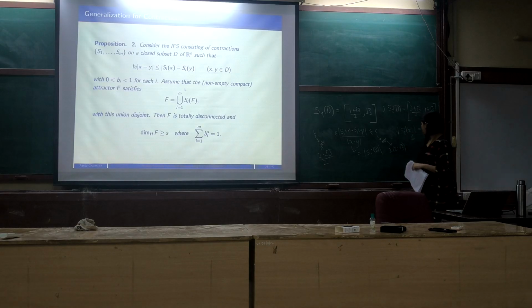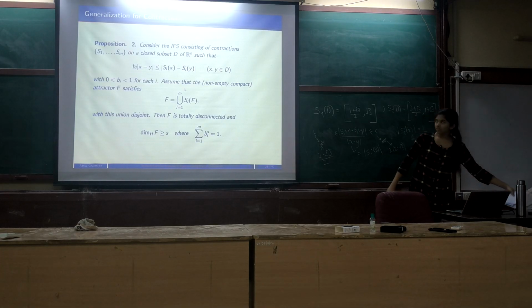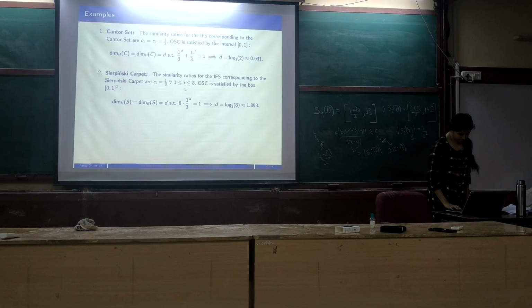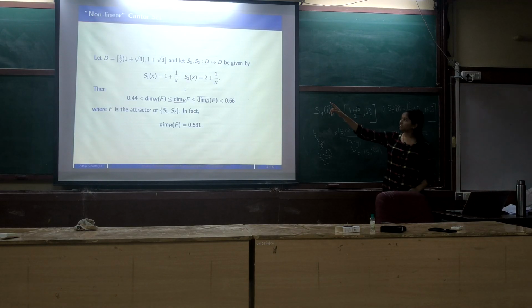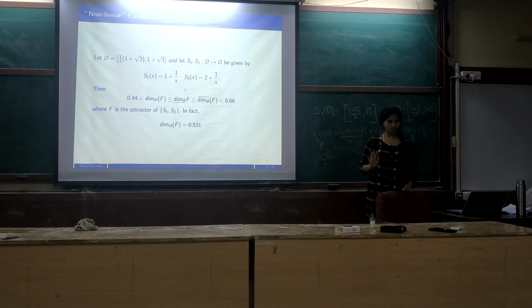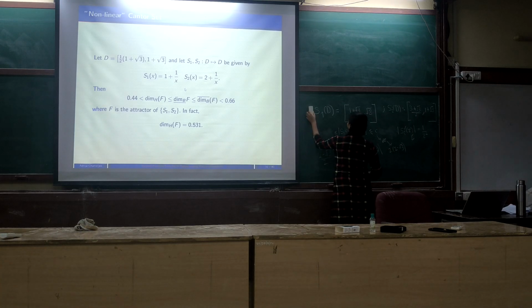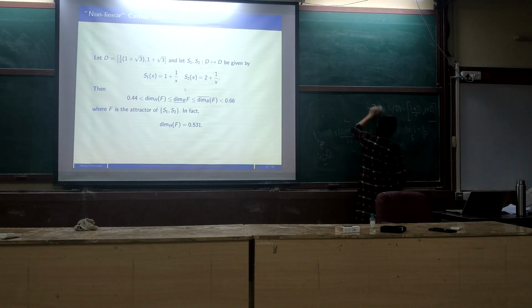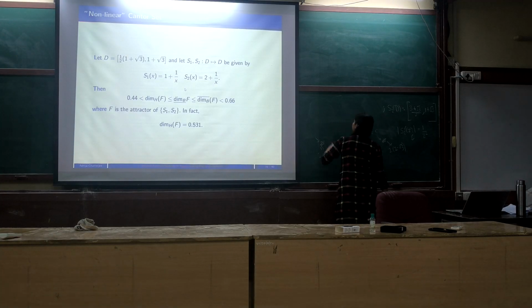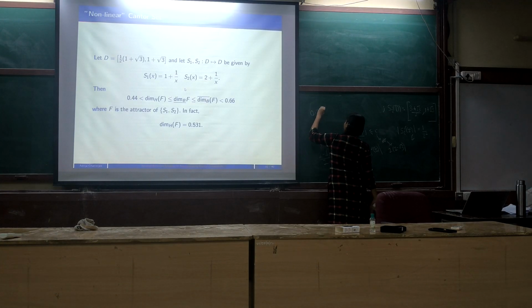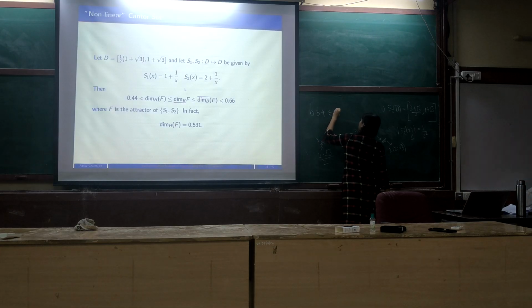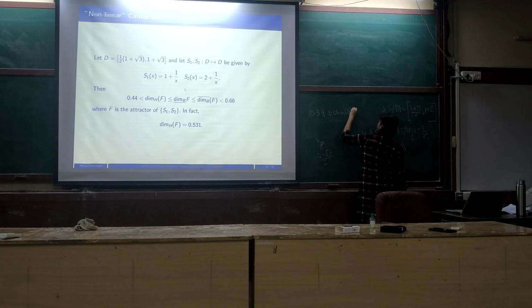Okay, and now this set D is a subset of the real line, so the dimension of D will obviously be less than equal to 1. We figured out that 0.34 is less than equal to dimension of D is less than equal to 1.11.